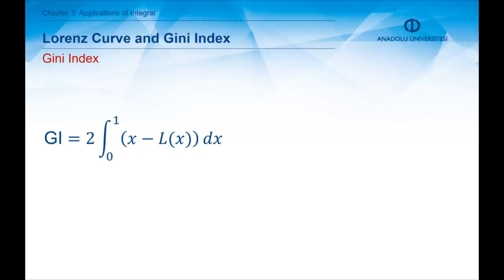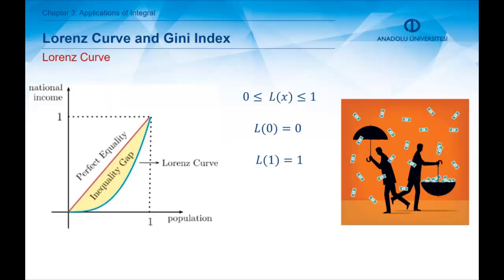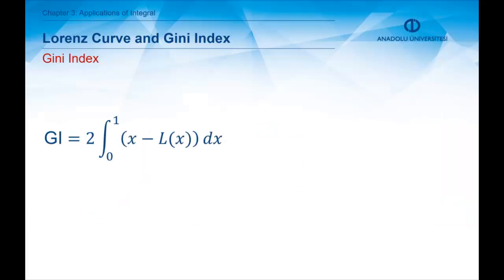If we go back and look at our figure, it is twice the area between the perfect equality line and the Lorenz curve, which is the inequality gap. So the Gini index is calculated as twice the area of this region, which is given by this definite integral, x minus L of x, integrated from 0 to 1.